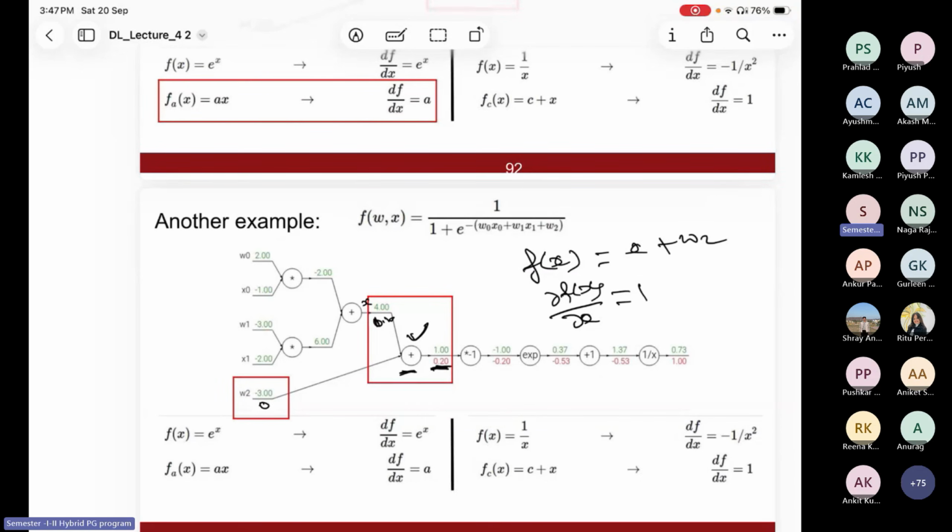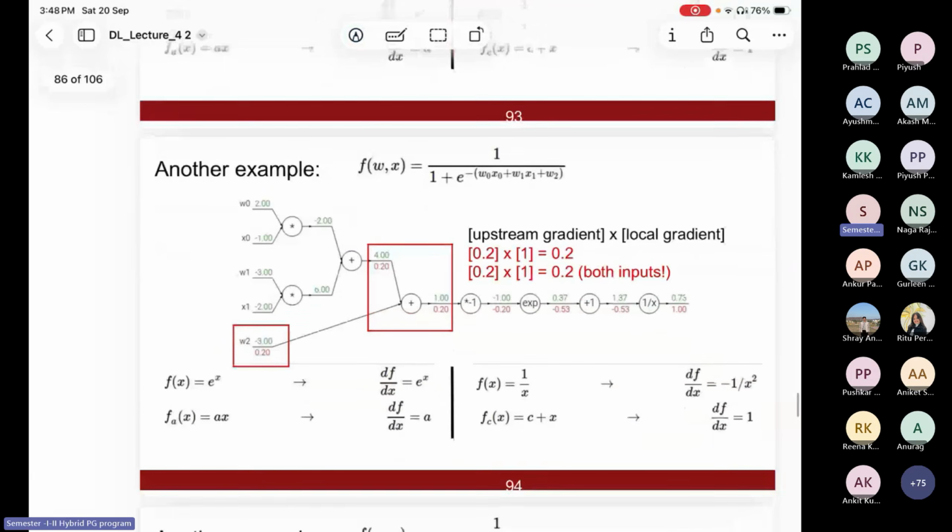Here also you will get the same value, because in this case also your local gradient will be 1, and this is the upstream gradient. So you are applying the chain rule. You can see the value, 0.2, 0.2. Now this part is done. So we got the final term.